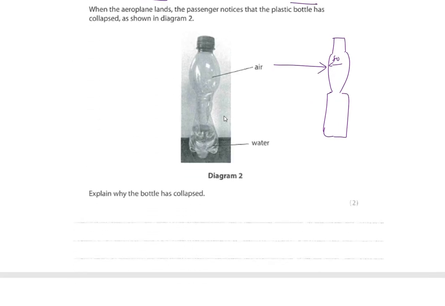Now, for the bottle to shrink, the pressure outside must have been greater than 80. Therefore, there's a resultant pressure pressing on the surface of the bottle, so shrinking it.